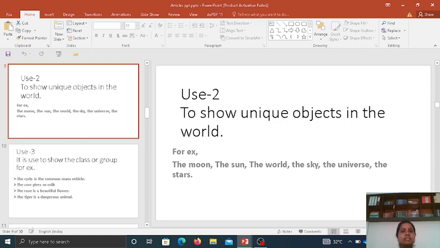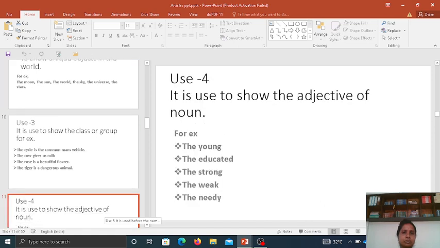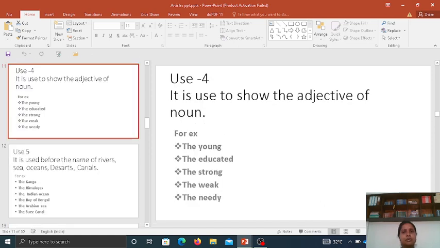Then the sun is only one in the universe. Then the world, the sky, the universe, the stars. So these are all unique words. At that time you have to use "the" before those words.